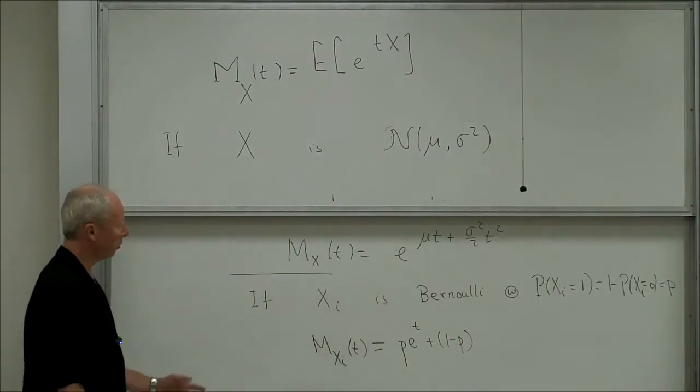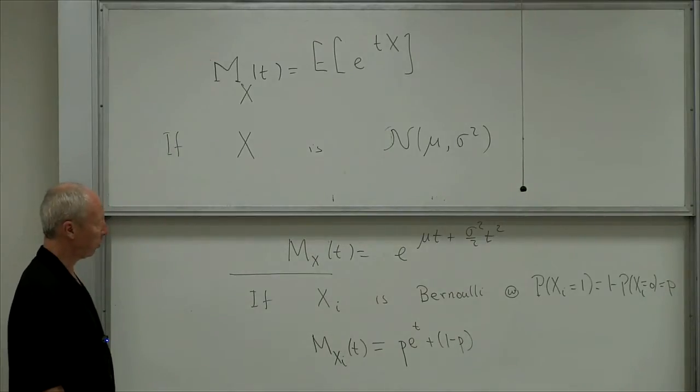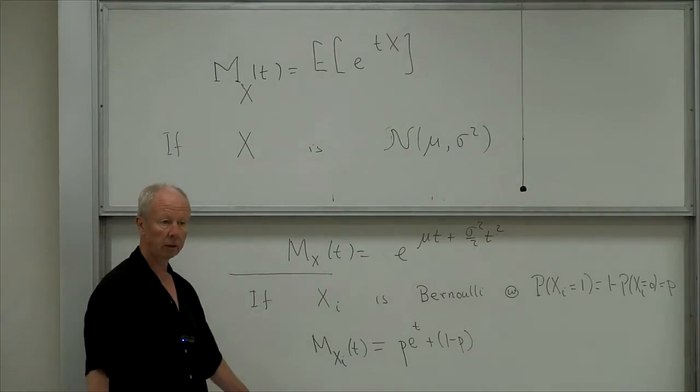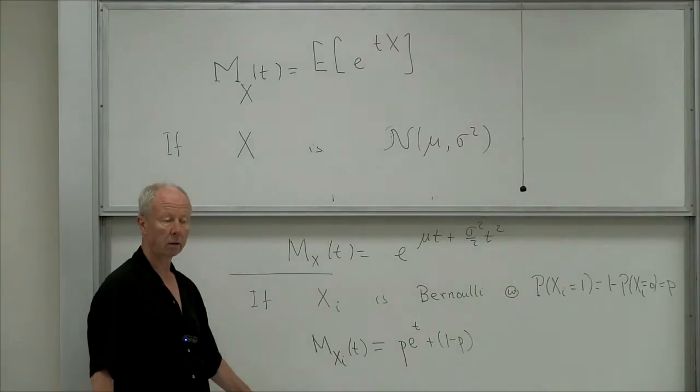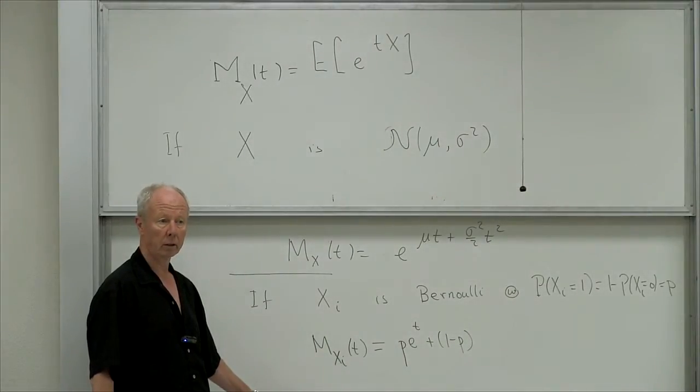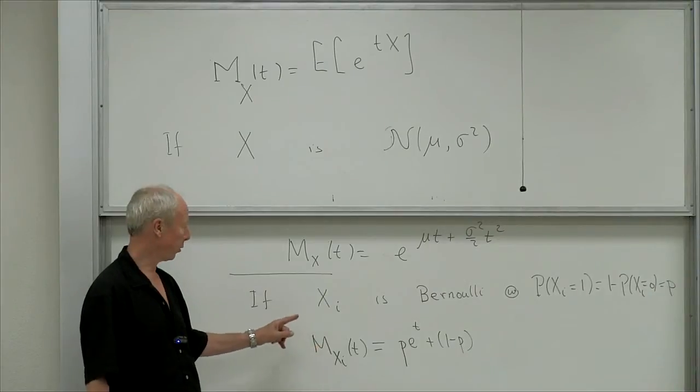If Xi is Bernoulli with probability of being 1 equal to p, and probability of being 0 equal to 1 minus p, then the moment generating function was this. Can you do that calculation in your mind?